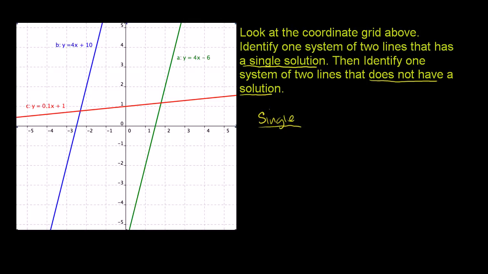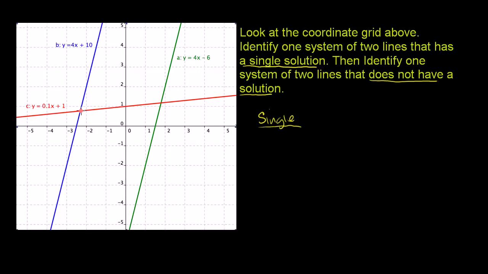So if we look right here at the points of intersection, this point right there satisfies this equation, y is equal to 0.1x plus 1. And it also satisfies this blue line, the graph that line represents, y is equal to 4x plus 10.